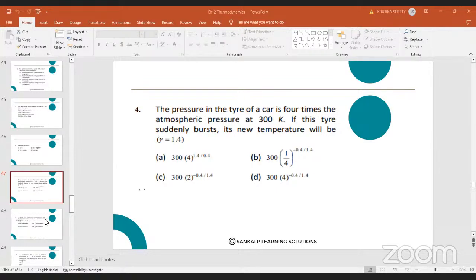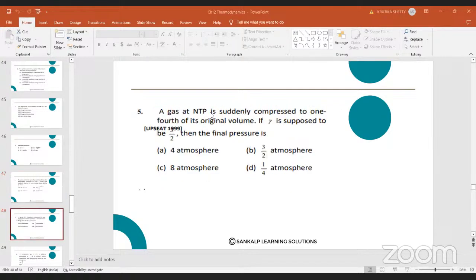Last question. A gas at NTP is suddenly compressed to 1/4 of its original volume. If gamma is supposed to be 3/2, then the final pressure is?